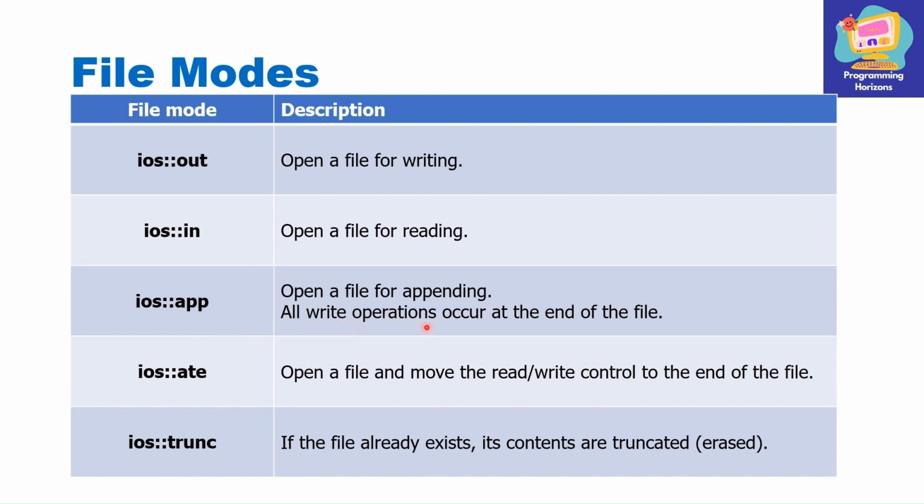That means all write operations occur at the end of the file. Fourth mode is ate, which opens a file and moves the read-write control to the end of the file. And last mode is truncate mode, or trunc. If the file already exists, then its contents are truncated or erased using this mode.